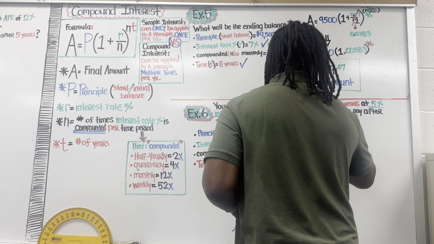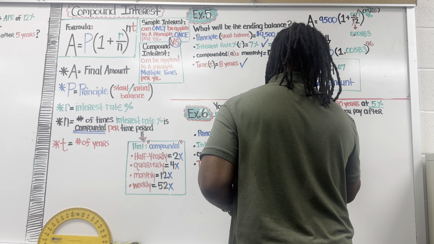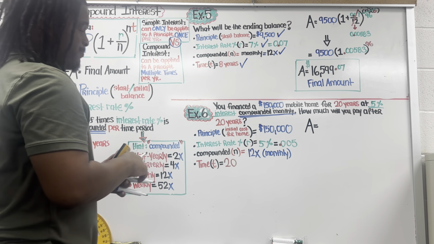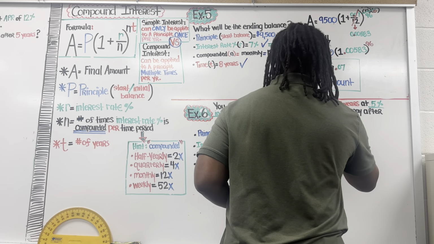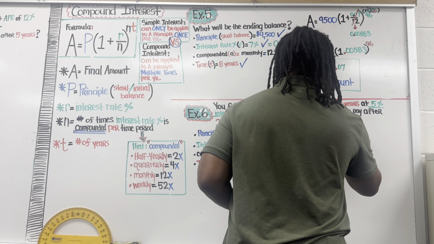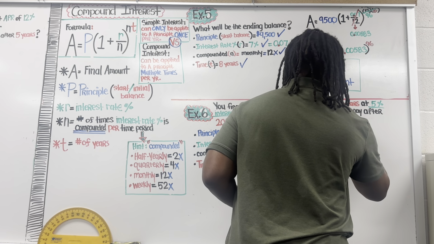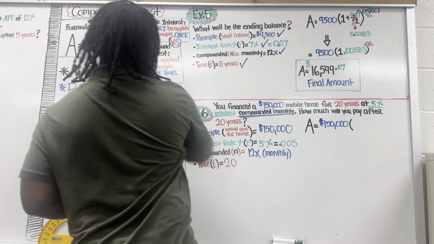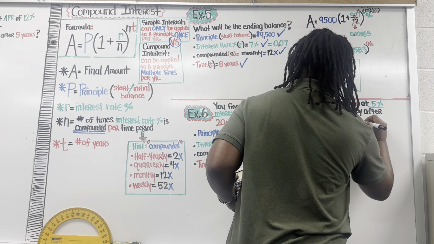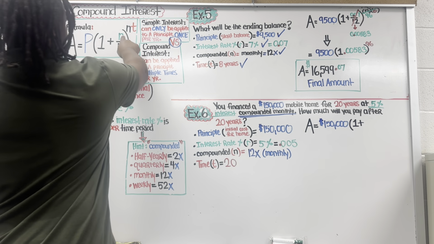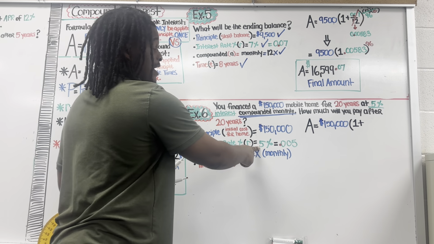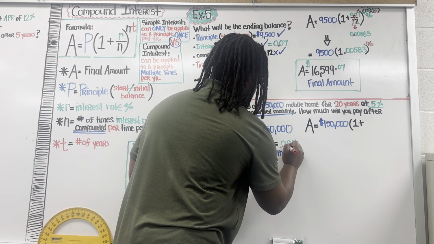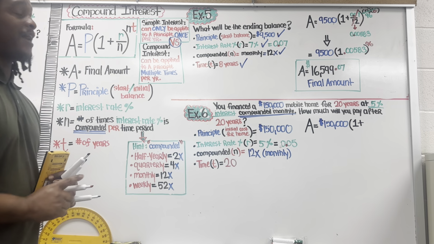We have A, which is the final amount, equals, and we're going to follow the same formula over here, which is P. The principal is $150,000. That is the value of the mobile home that you financed, times parentheses 1 plus, once again, R represents the interest rate. The interest rate is 5%, which is 0.05 as a decimal.